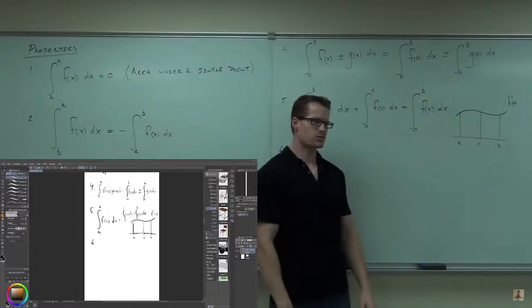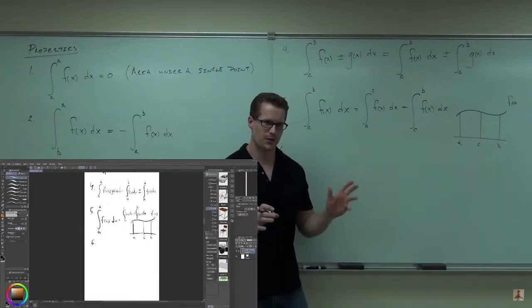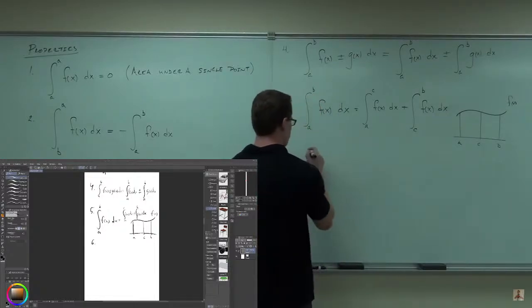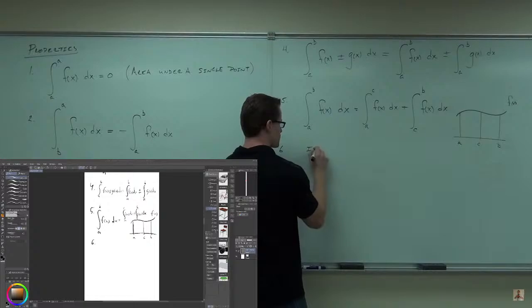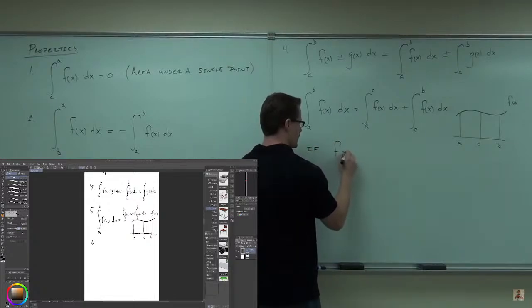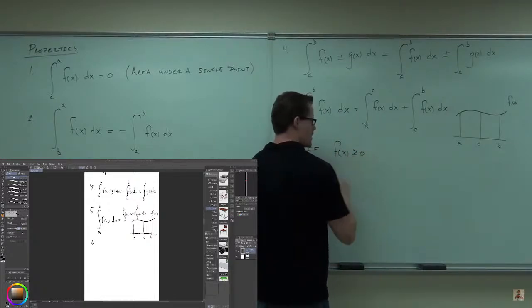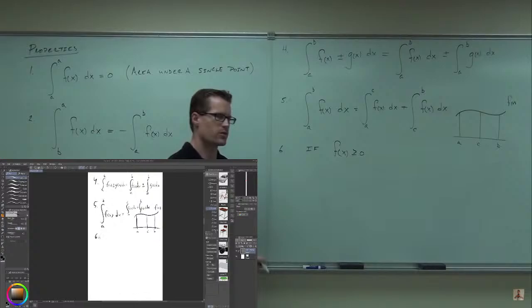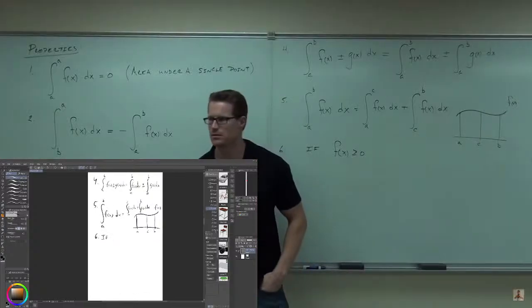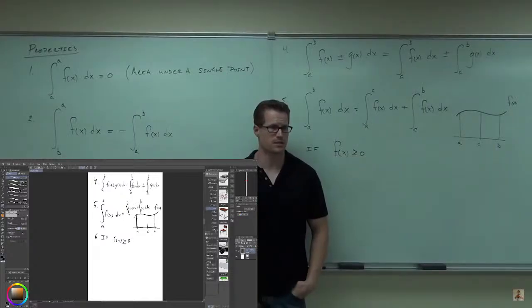Now, last up. This one, it's kind of a common sense thought, but think about this. If f of x is greater than or equal to 0, what's that mean? In terms of a graph, what's that mean? Positive. That's above or below the x-axis?